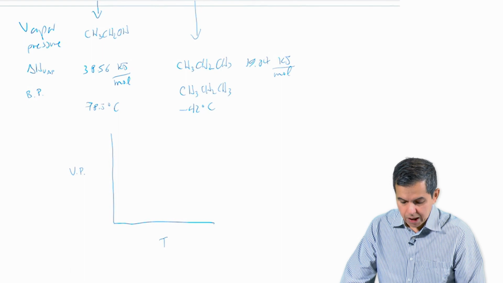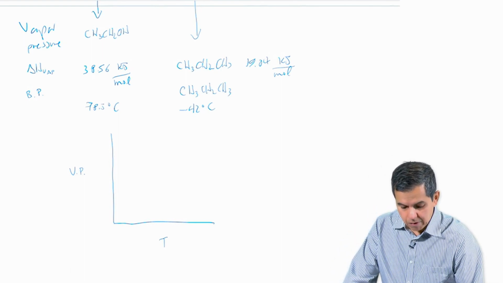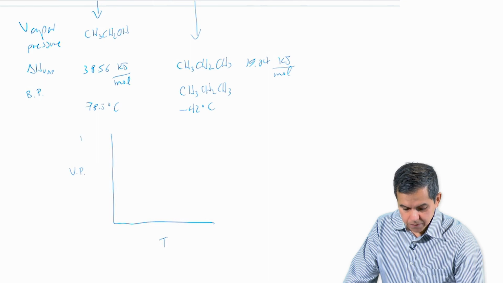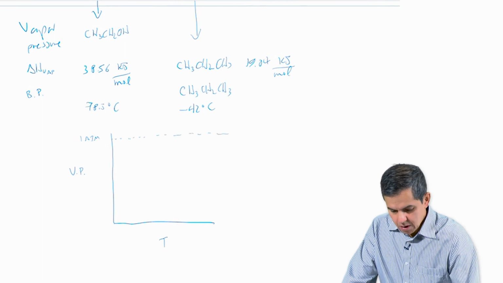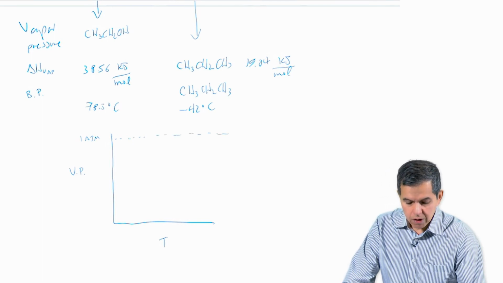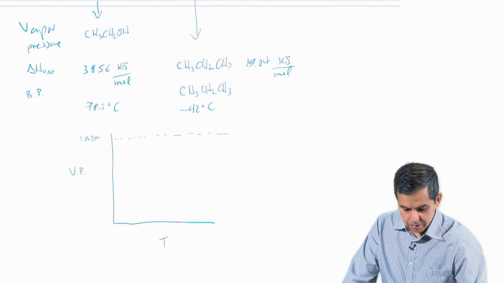And we know that the boiling point represented at 1 atmosphere is going to be minus 42 for n-propane. We'll make that red.